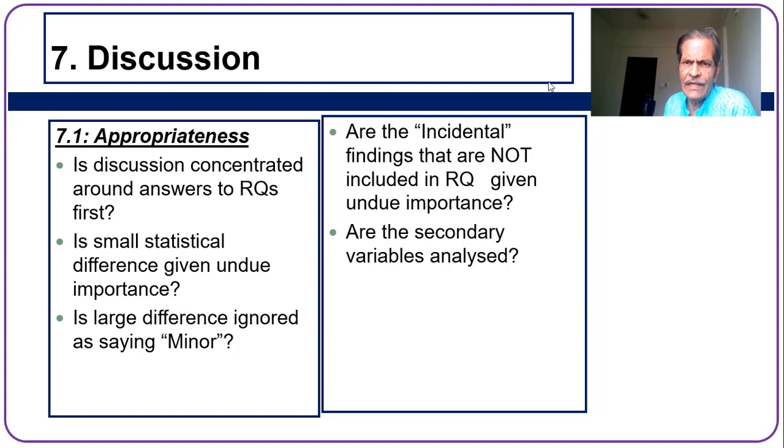Therefore, any observation on the secondary variables is an incidental finding, and giving it too much importance in the discussion is not desirable. And one must also try to find out whether the secondary variables are analyzed or not. If only the primary variables are analyzed and secondary variables are not analyzed, that means there are certain problems in the conclusion drawn by the author.